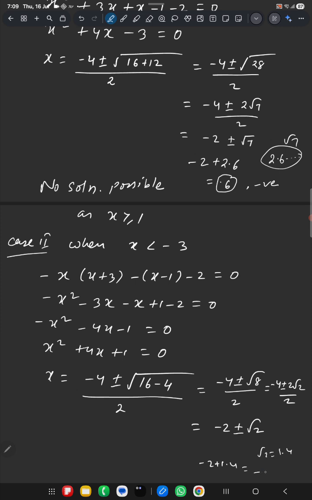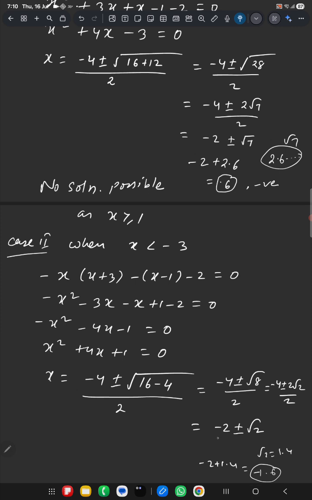Minus 1.6. Is it less than minus 3? No. So this solution is not possible, because our aim is to find values less than minus 3, and minus 1.6 is greater than minus 3.